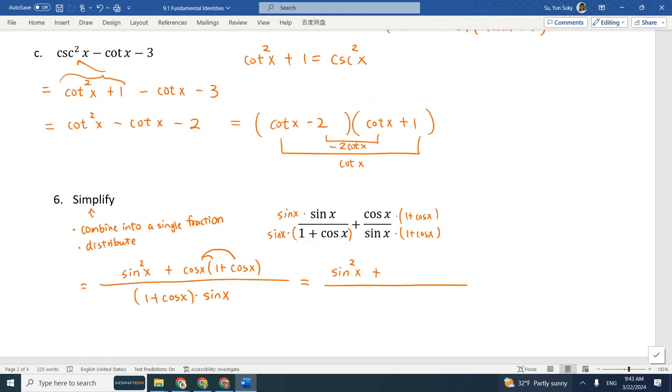If we distribute, what is cosine x multiplied by 1? This is cosine x. And what is cosine x times cosine x? Yes, cosine squared x. And do we change the denominator? No, just copy it.